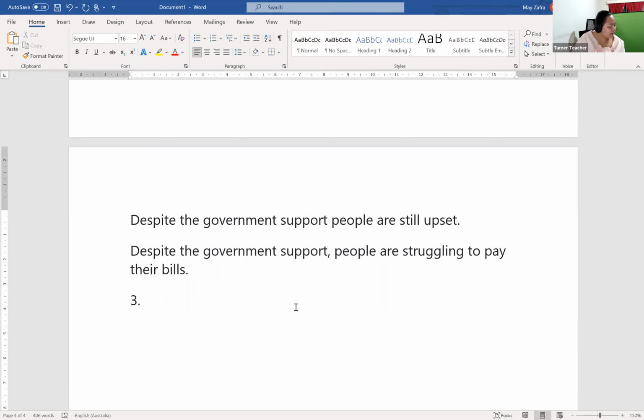Okay, number 3 is despite the poverty. Now it's our third sentence. Despite the poverty. Miss May, what does poverty mean? Poverty is being poor. Like, you know, poor. There are some people in some countries that are really poor.